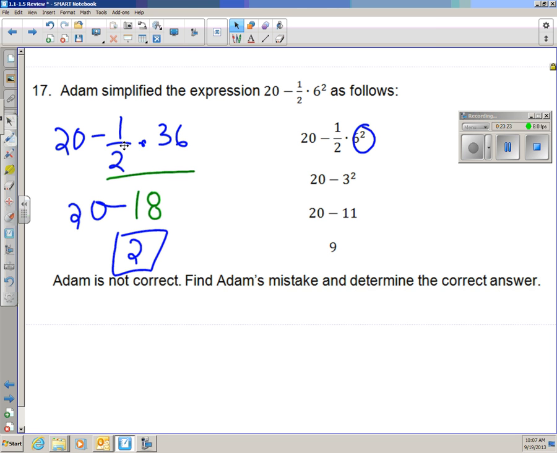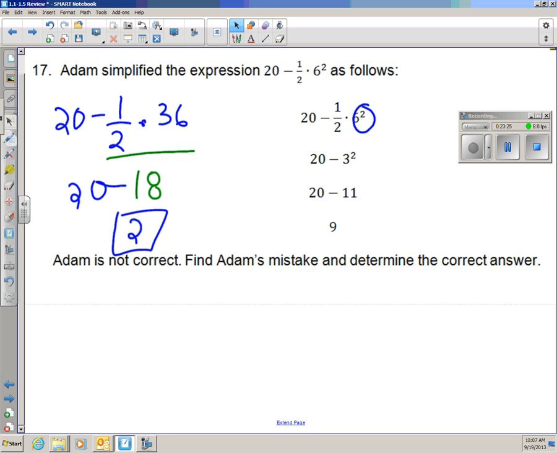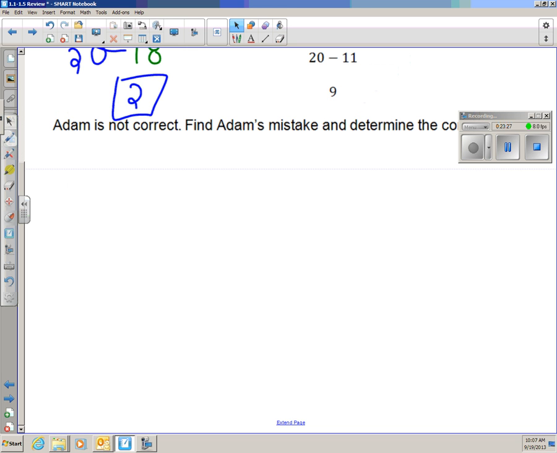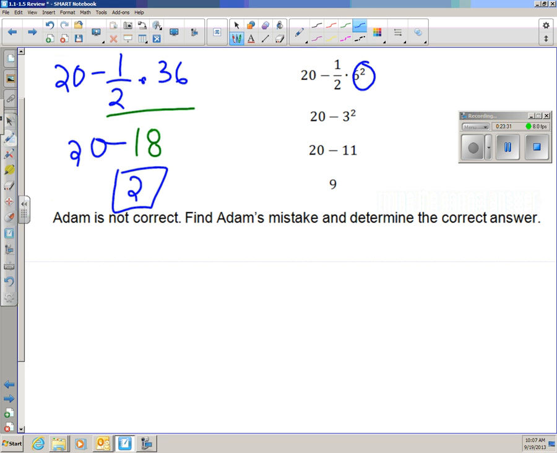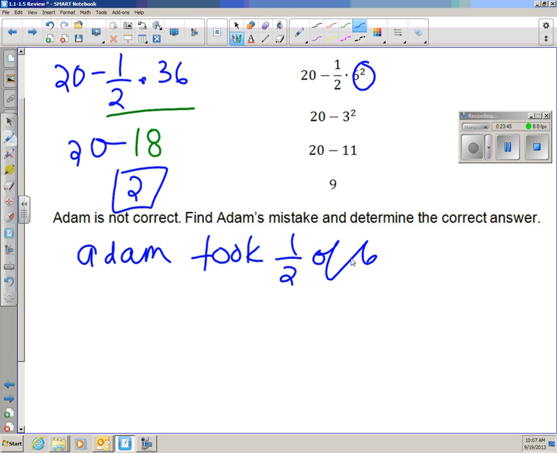So we found his mistake. We determined the correct answer, but we're going to write something up a little bit, and we're going to say Adam, he basically took half of 6 and then squared it. So Adam took 1/2 of 6 and then squared that.